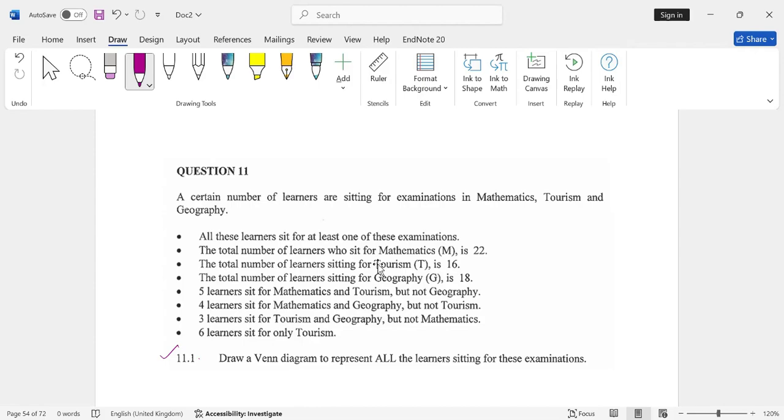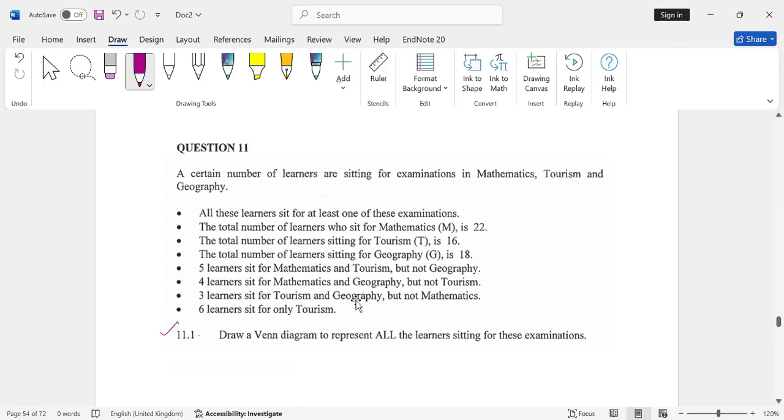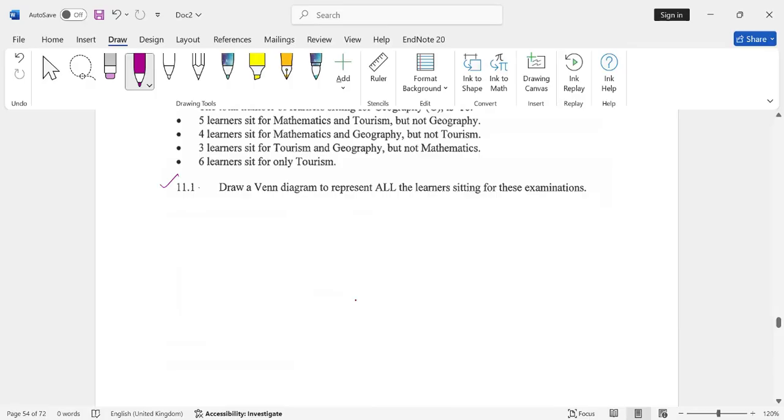We let x equal n of M intersection T intersection G.